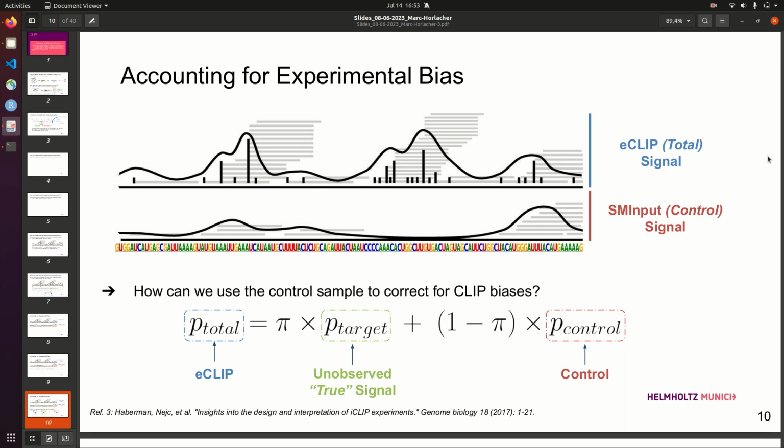And we control the relative intensity of the bias or the control sample using a mixing coefficient pi. So the lower the mixing coefficient pi, the less influence the control track has on the total counts.